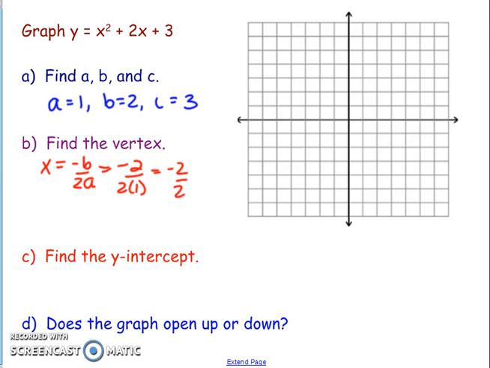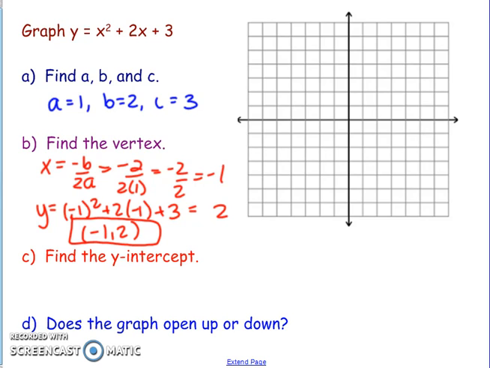So negative 2 over 2 equals negative 1. Plug that in to find the y. So I'm going to plug in negative 1 squared plus 2 times negative 1 plus 3. And that equals 2. So my vertex is going to be negative 1 comma 2.